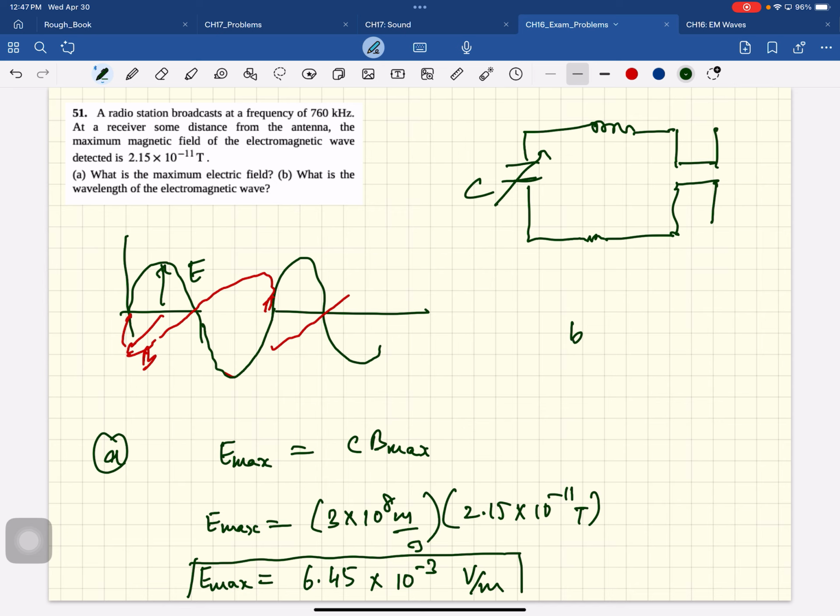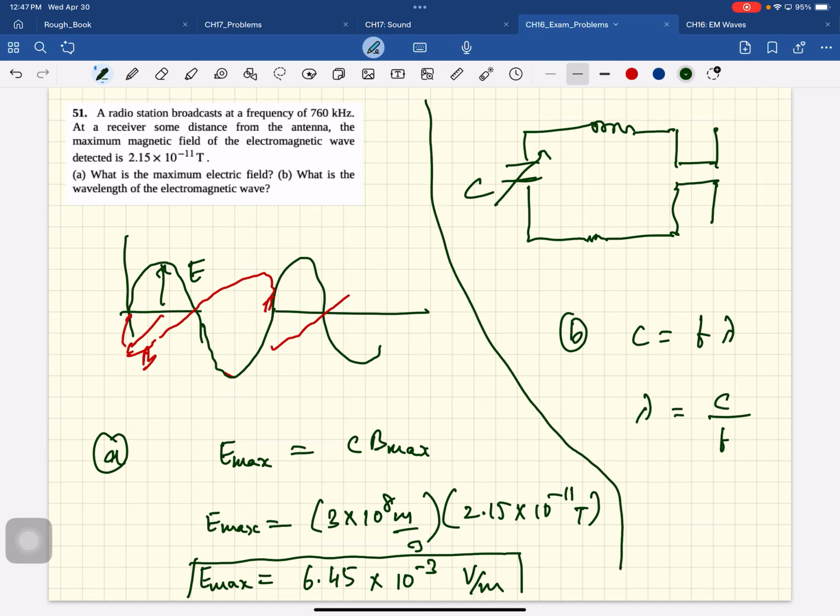What is the wavelength of the electromagnetic wave? The wavelength is, of course, c over frequency, 3 times 10 to the 8 meters per second, and the frequency is 760 kilohertz. Hertz is 1 over second, so that cancels and you get meters.